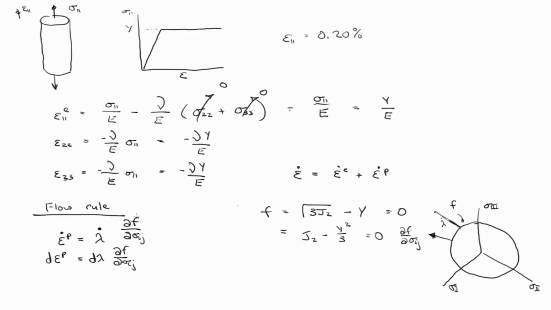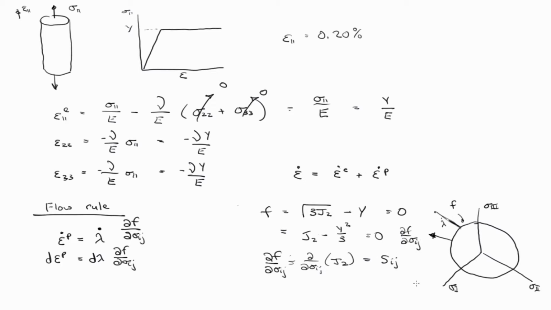Right? And so if I actually evaluate partial F partial sigma ij, that's the same as saying partial sigma ij of J2, right? Because this term is a constant, so the derivative with respect to sigma ij is 0. So it's just this, right? Well, what is that? It was a homework problem, right? It's Sij.